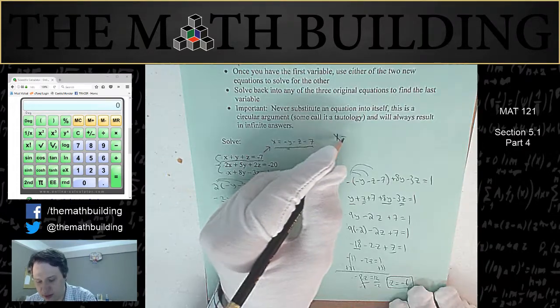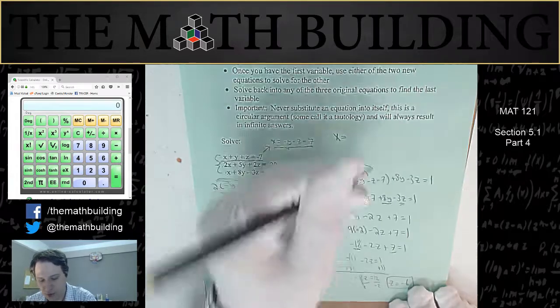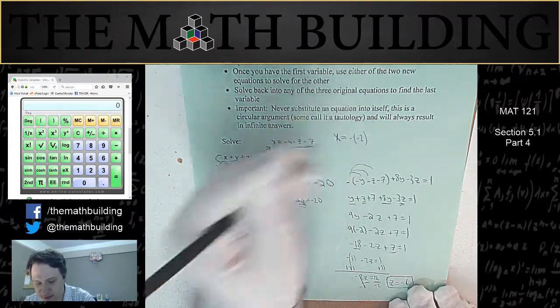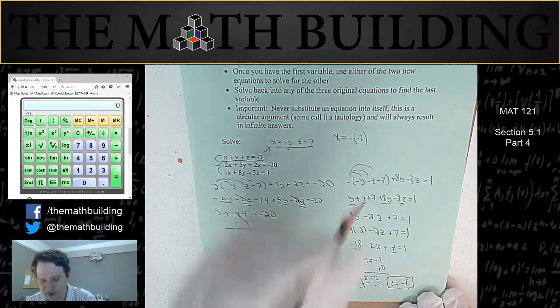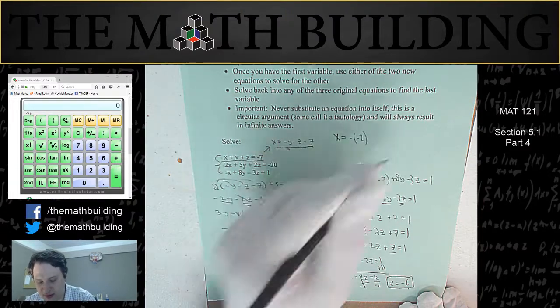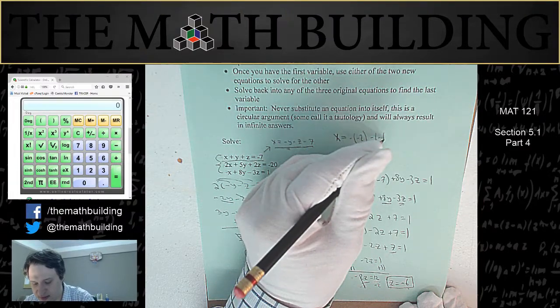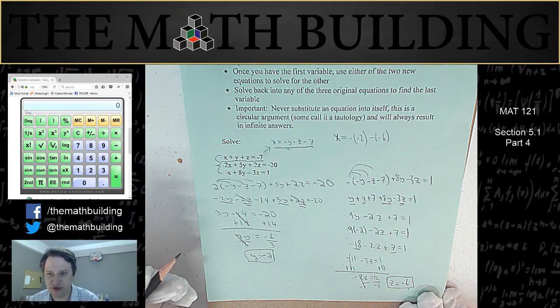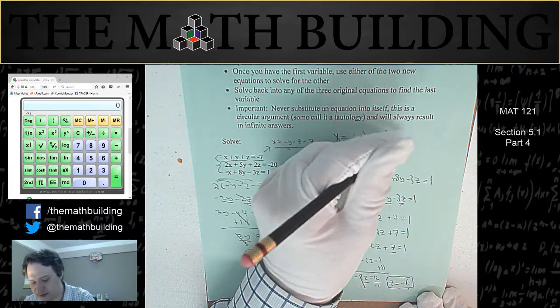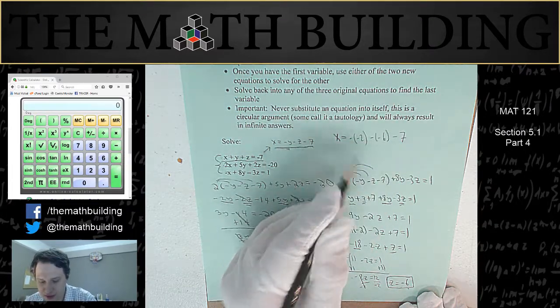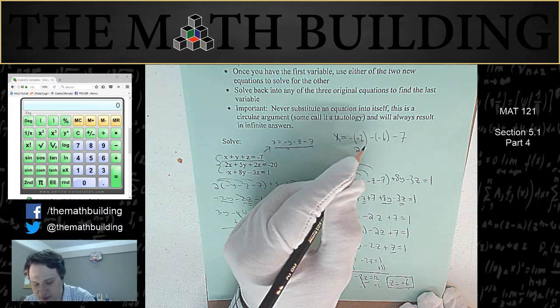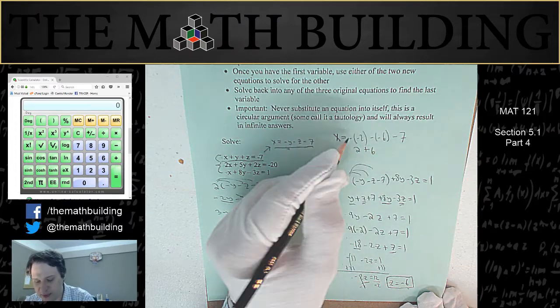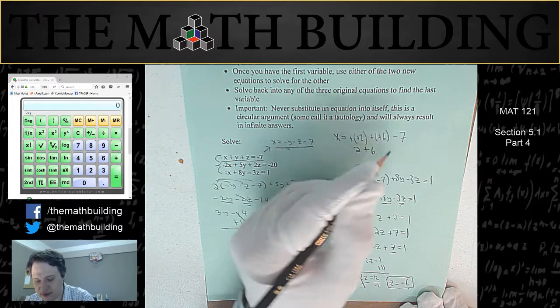So x equals, we have negative y, which is going to be negative negative 2, minus z, so minus negative 6. Again, notice I have the two minus signs, and then minus 7 on the end. So negative negative 2 is positive 2. Minus negative 6 also becomes positive 6 because of the two negative signs.